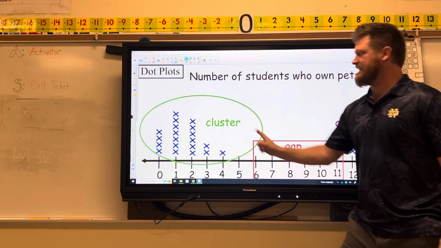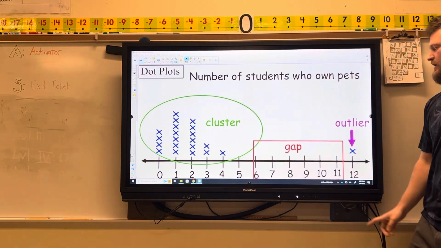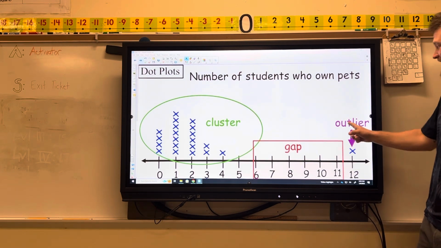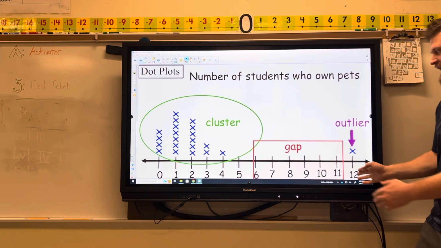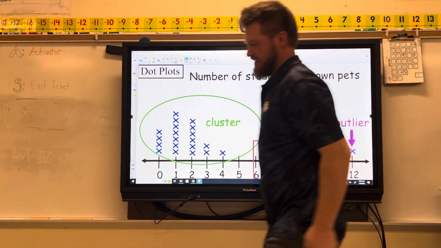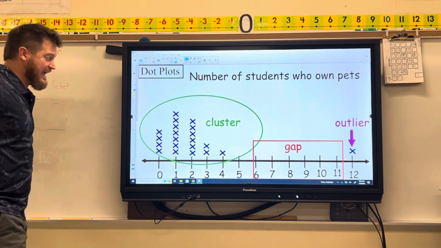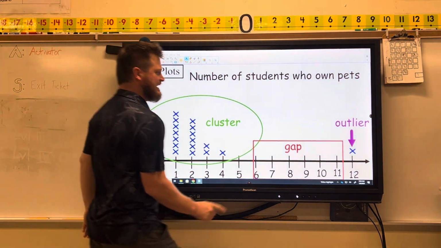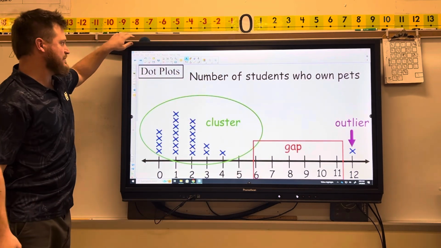Where most of the data is called the cluster. Where one is over by itself, the kind of loner, that's called the outlier. And then the space between the cluster and the outlier is called the gap. If you want to write that down, you can, or just take a mental snapshot of it. This is where most of the data is. That guy over there is the outlier, in between is called the gap.